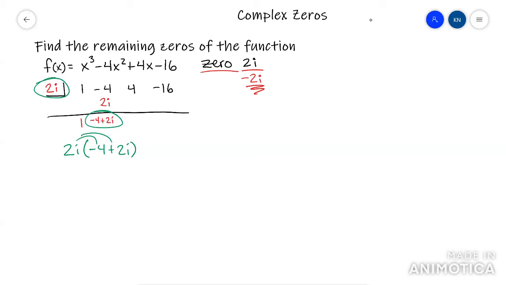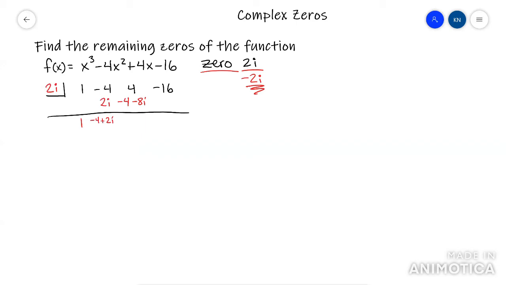Let me back up a little bit. Okay, here we go. So I'm now multiplying this and this. I'm going to distribute the 2i to everything. So it's like minus 8i. And 2i times 2i is 4i squared, which is negative 4.